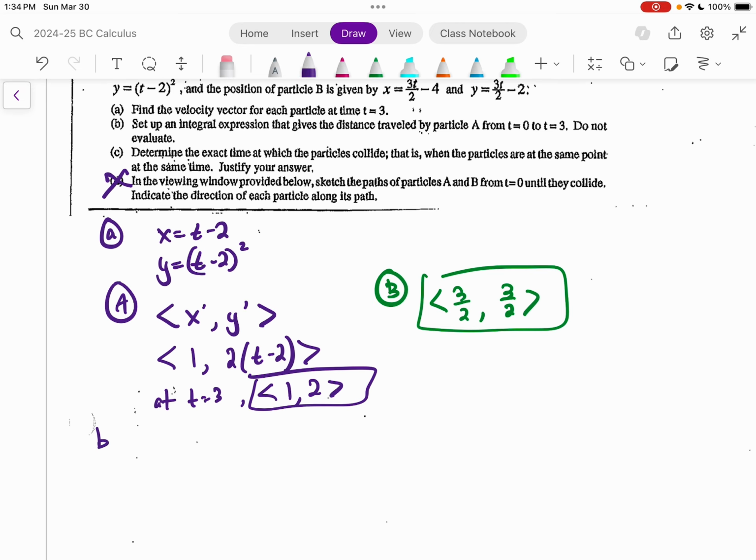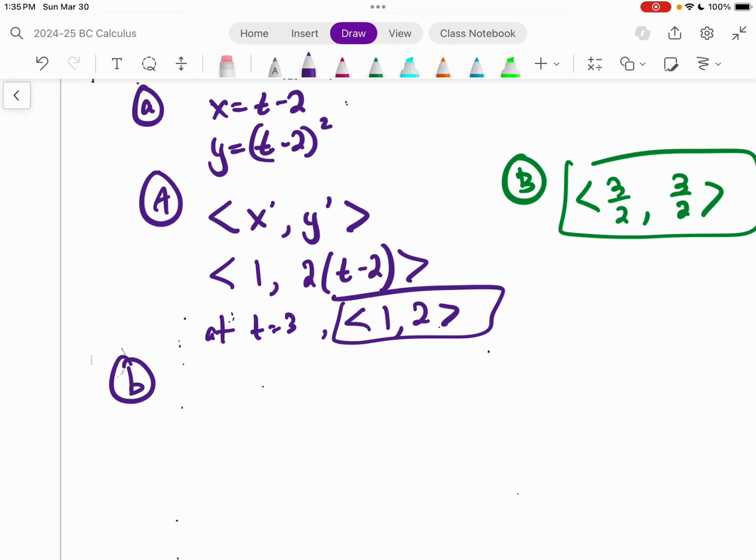We see these things here, so these are things that we want to memorize. So when we come down here, and I want to find this distance for A, this is just going to be the integral from 0 to 3.